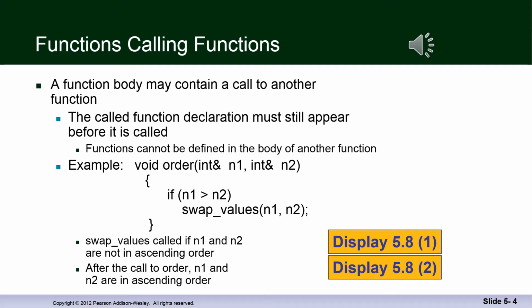This would sort them ascending. So swap values is called if n1 and n2 are not in ascending order. After the call, they're in ascending order.